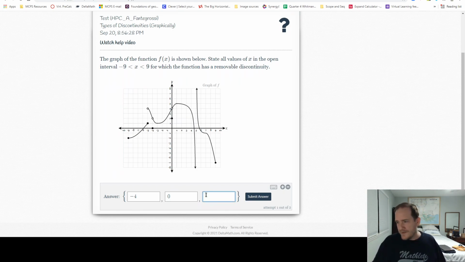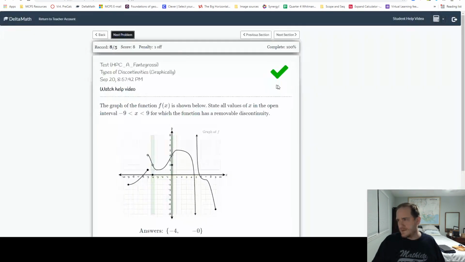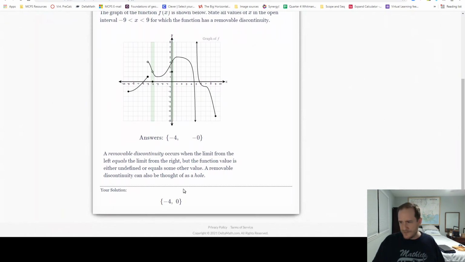And if you didn't mean to, I couldn't find a way to make it go away, like backspace, delete, clicking back over here. Nothing will make it go away, but it doesn't matter. You just leave it blank, and when you hit submit, it's showing you this is your set. It's -4 and 0 only. Say yes, we're right, everything's fine. So you guys see there could be multiple responses, and there's a way to enter them. So that's great.